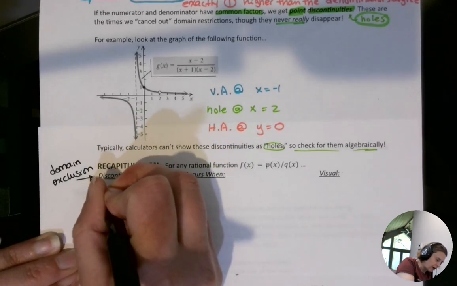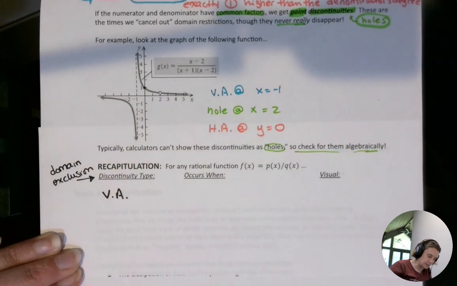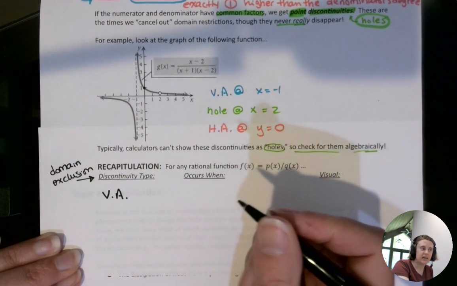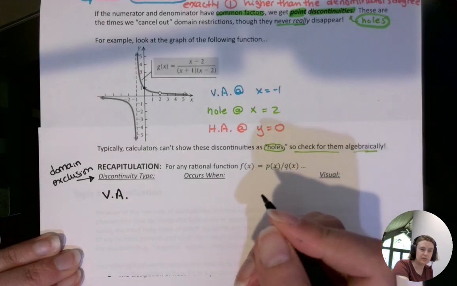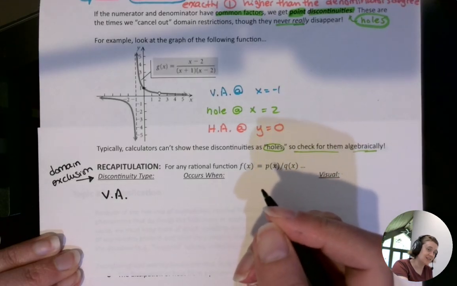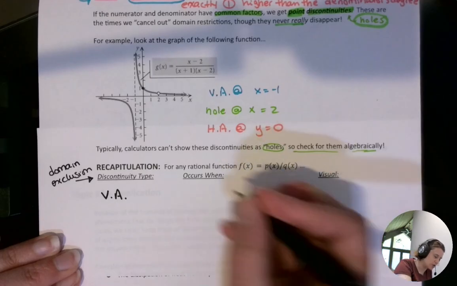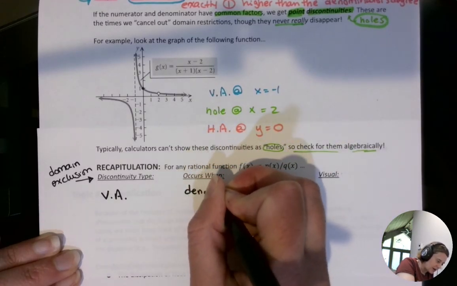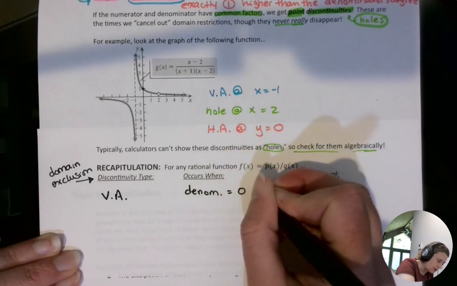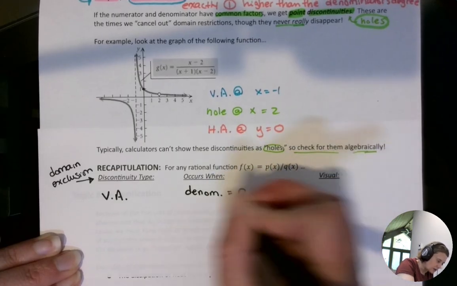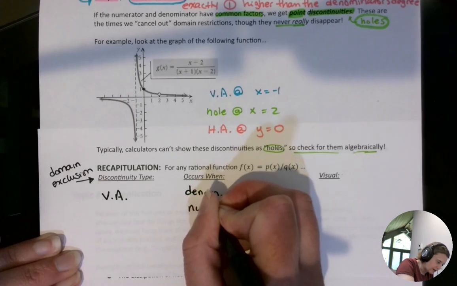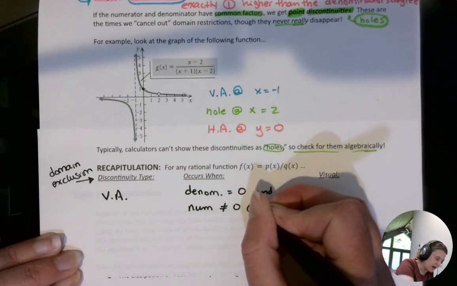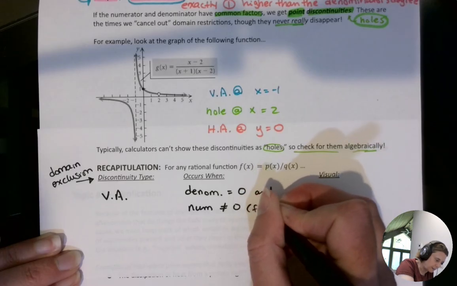We have our vertical asymptotes, and those are going to occur when the denominator is equal to 0 and the numerator is not. So the factor does not reduce. So it's going to occur when the denominator is equal to 0 and the numerator is not equal to 0. So that means that their factors do not reduce.